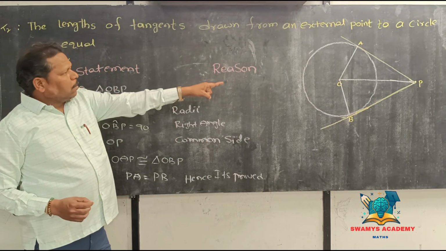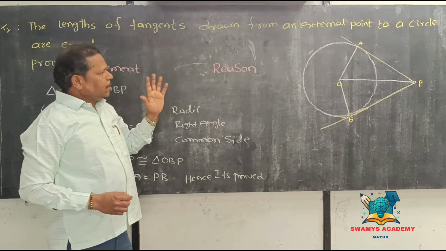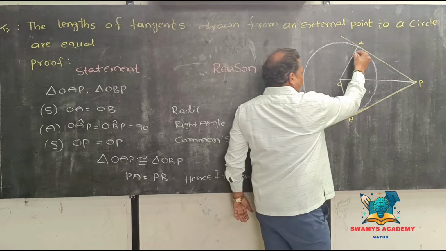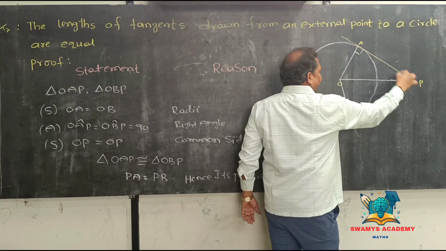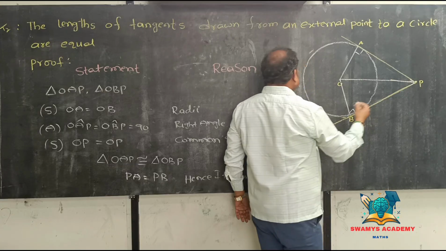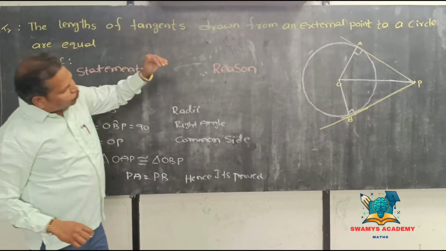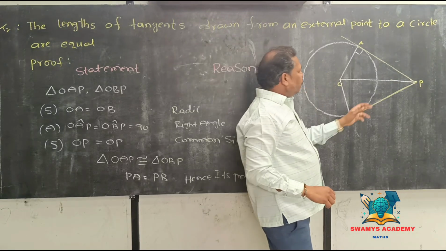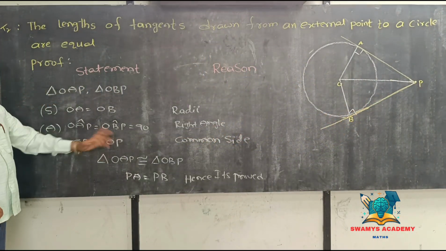Next, at A and at B the lines are tangents, so at the contact point the angle is 90 degrees. Therefore angle OAP equals angle OBP, which is 90 degrees, a right angle. Next, for triangles OAP and OBP, the common side is OP, so OP equals OP.